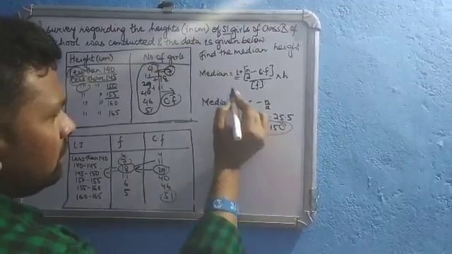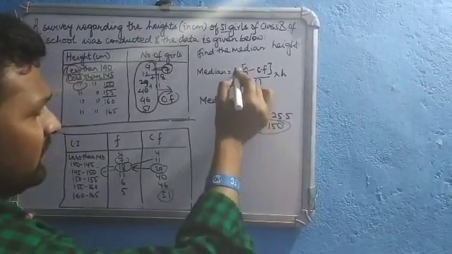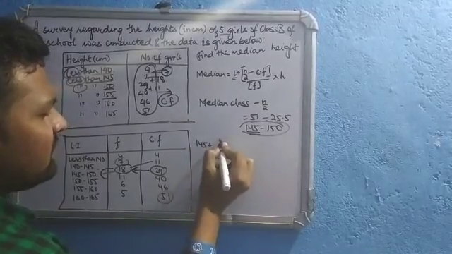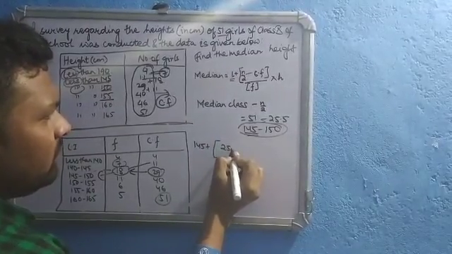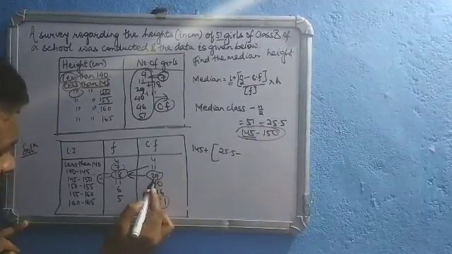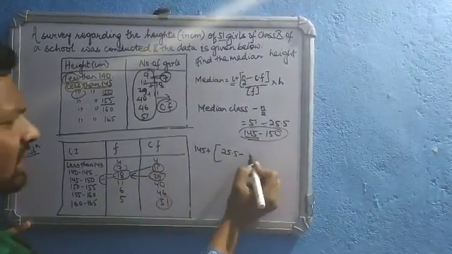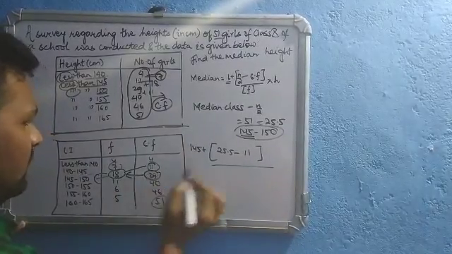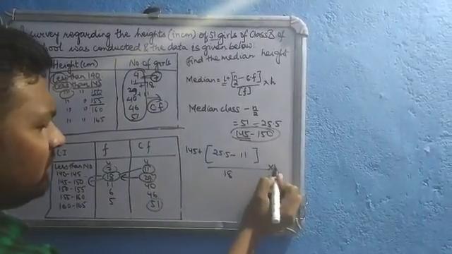So what is the lower limit of the median class? That is 145. So median will be 145 plus n by 2, which is 25.5, minus the cumulative frequency of the preceding class. The preceding is 11. 25.5 minus 11 is 14.5, divided by the frequency 18, into 5.